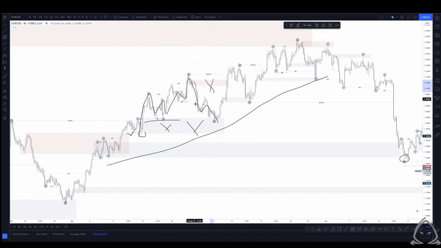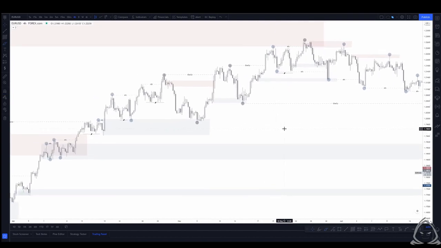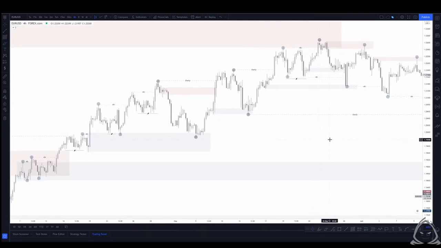We build a liquidity pool here. What ends up happening? We fill that liquidity pool. Another liquidity pool. Liquidity pool. Because before the structure is created, we just have this big empty bit of space. We also have trendline liquidity here as well. Getting a little messy and a little bit all over the place. So it's just one thing that liquidity is just present everywhere. And it's such an important concept.